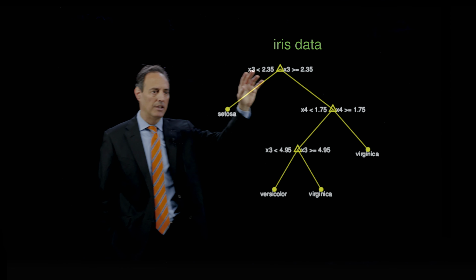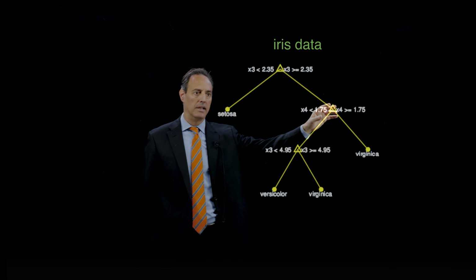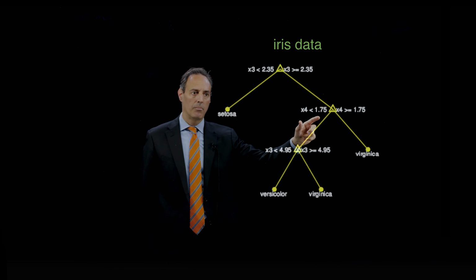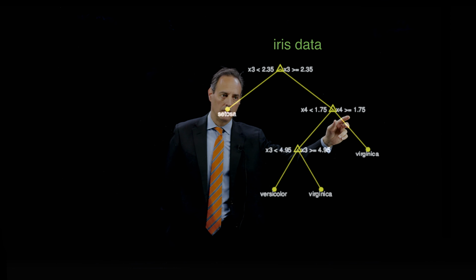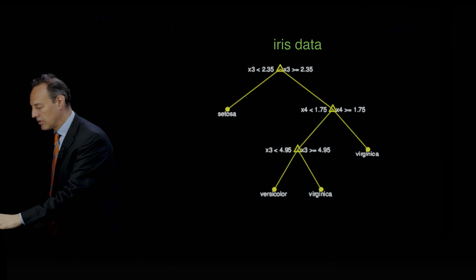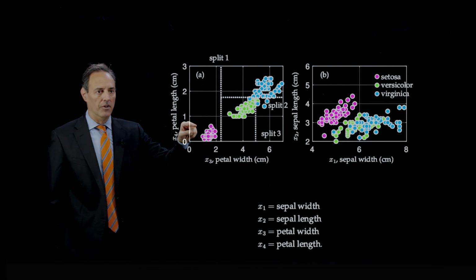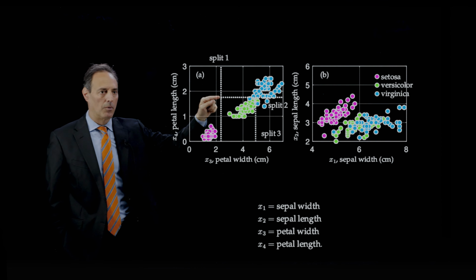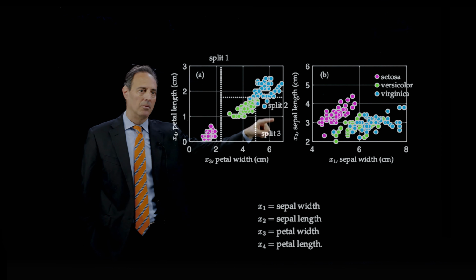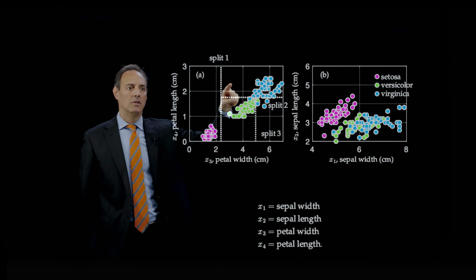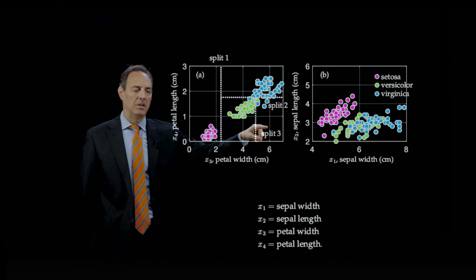So now you come down this branch. Now you have your second split. X4 is less than 1.75, greater than 1.75. Okay? So that was this split right here. Now we're not quite ready to classify yet because when we do a third split, these blue balls are going to be part of these 2 pieces here.